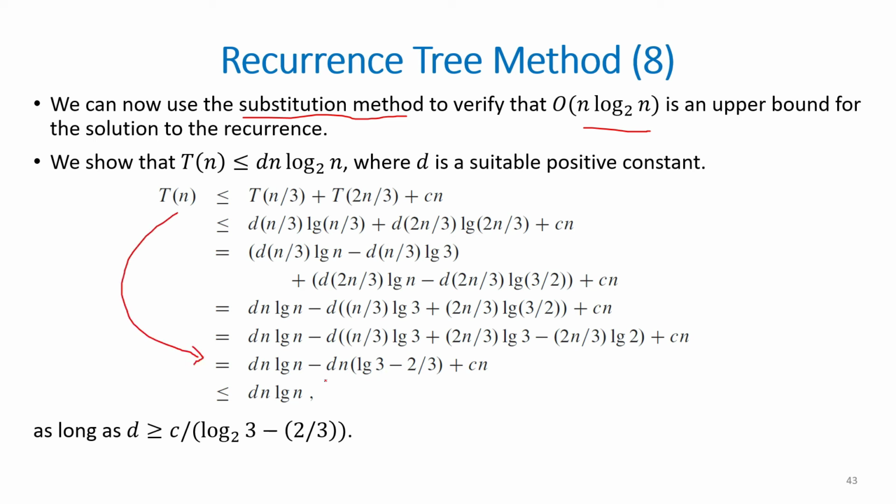And over here we see we have a negative term and a positive term. So together, this should be greater than or equal to 0 for this expression to hold. So the condition under which these two terms would be greater than or equal to 0 is when d is greater than c divided by log 3 minus 2/3.